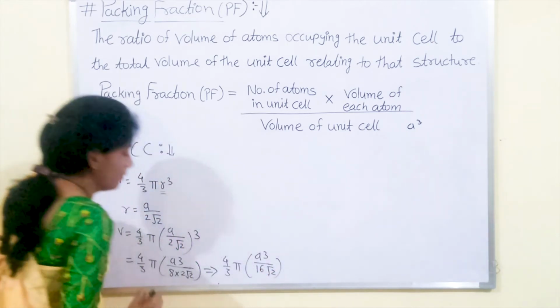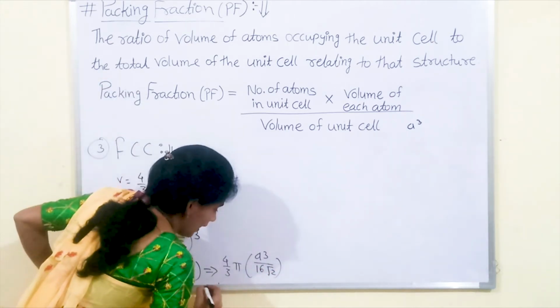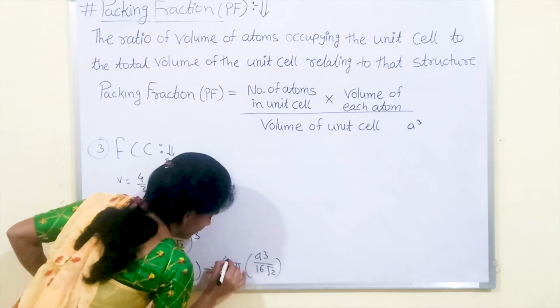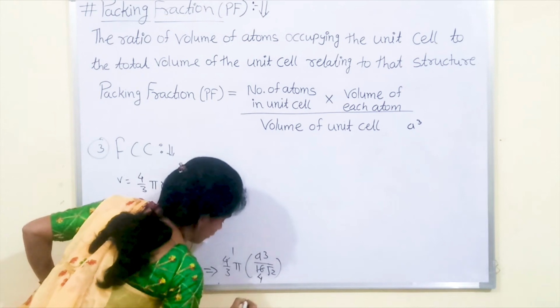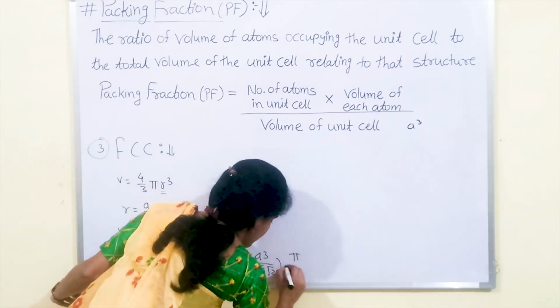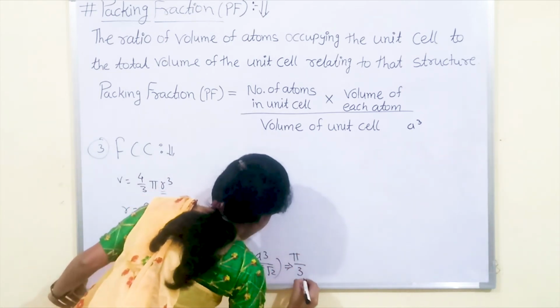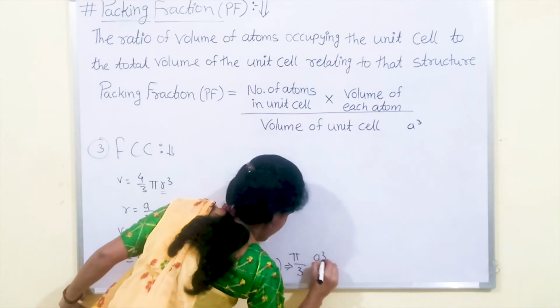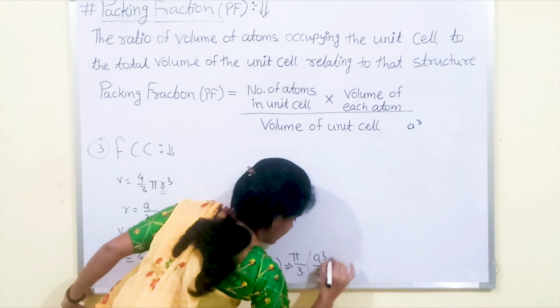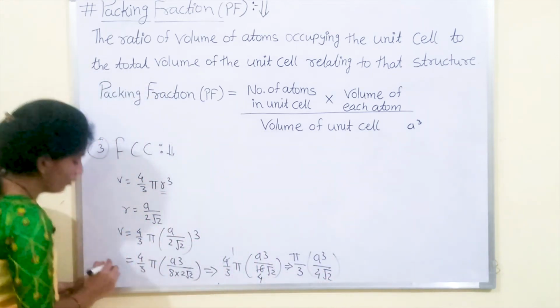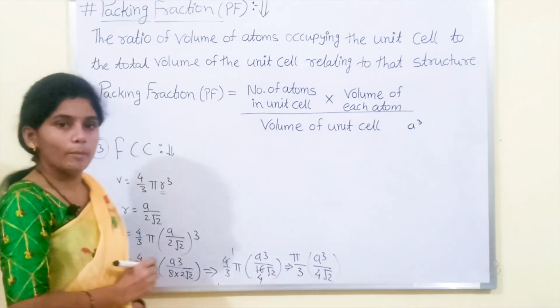Cancelling 4 fourths, we get pi by 3 a cube divided by 4 root 2.